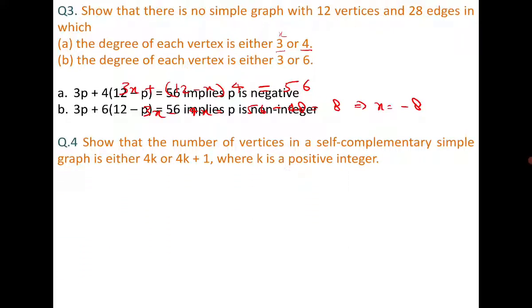This is a very interesting question which says: show that the number of vertices in a self-complementary simple graph is either 4k or 4k plus 1. So you need to recall the definition of a self-complementary graph. Let's say G is a graph and G complement is its complement.